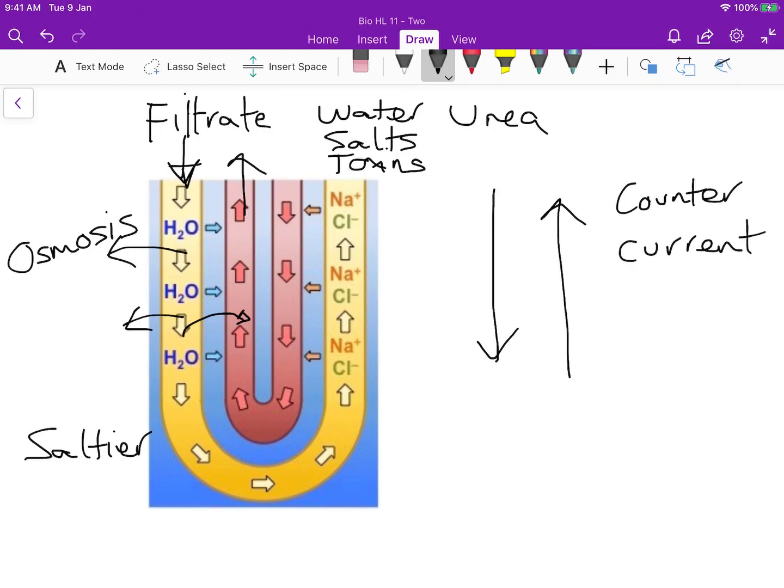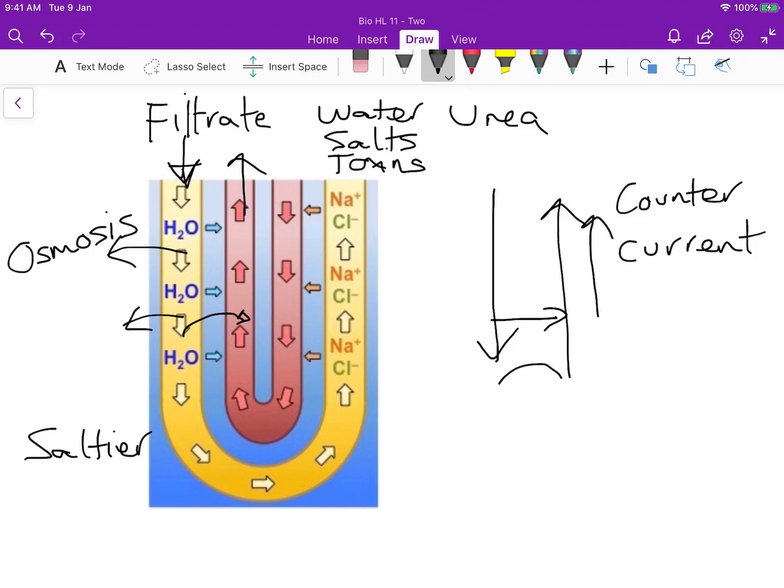And this is great for maintaining gradients, because as soon as some water has moved into the blood, it then moves along and is replaced with fresh blood. And this is the same as well if we're thinking about sodium being reabsorbed.